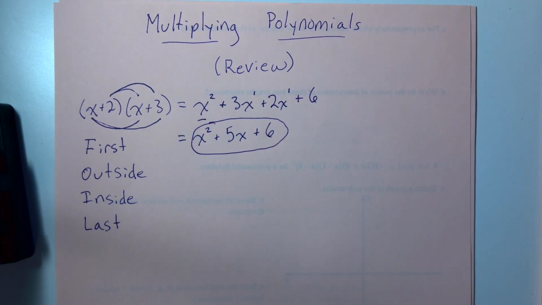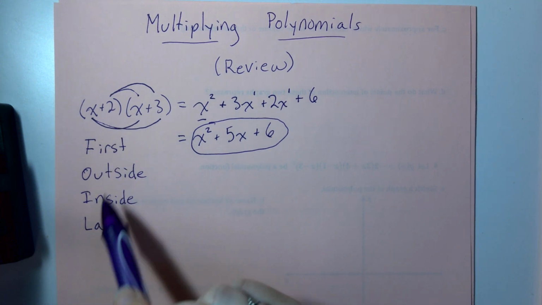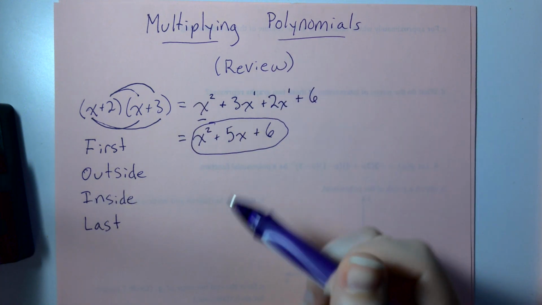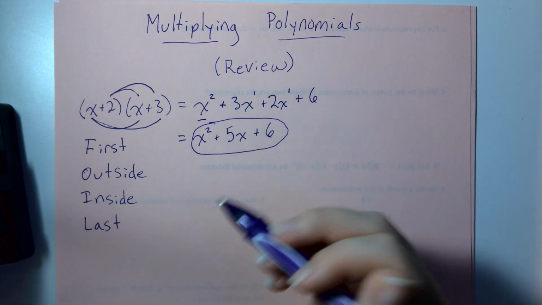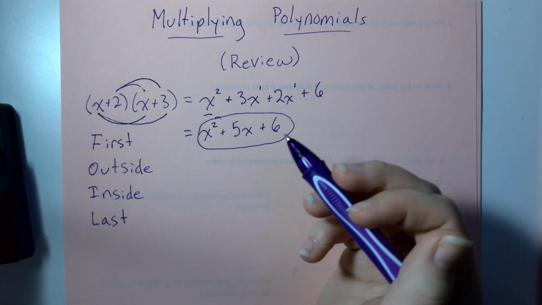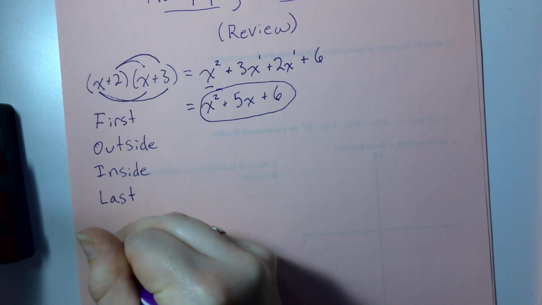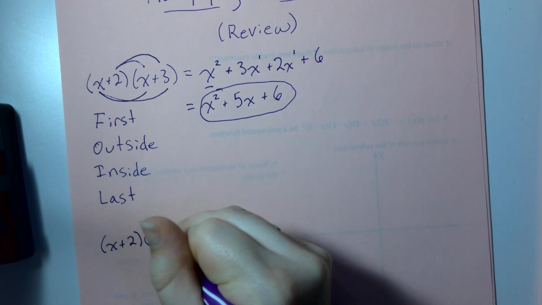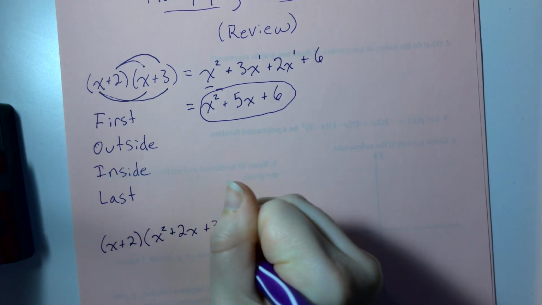So instead of thinking about multiplying these as FOILing, we think about it just as distribution, which is really what it is. Then we can apply that same concept to larger polynomials. So let's, for example, try x plus 2 times x squared plus 2x plus 3.